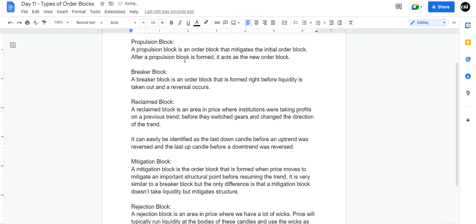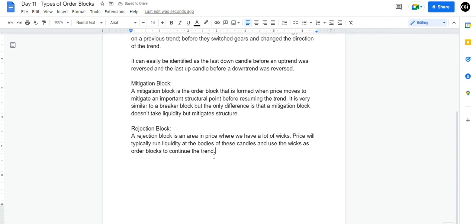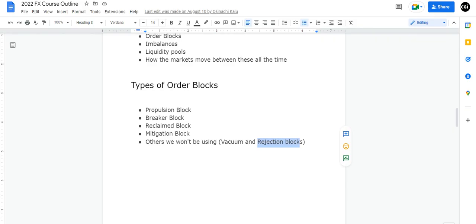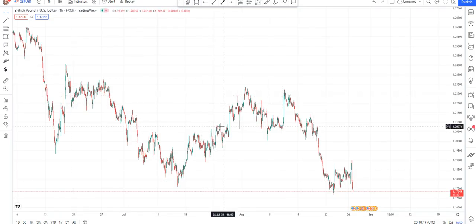So when you see plenty of wicks, lots of wicks, price will just dip into those wicks and then continue the trend. So that's basically a rejection block.